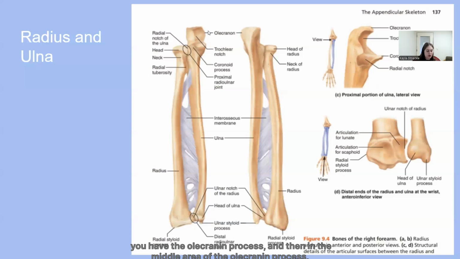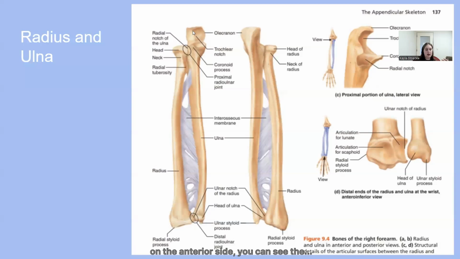And so in the middle area of the olecranon process, on the anterior side, sorry, yes, this is the anterior side, you can see in the middle you have the trochlear notch, and this is because it's going to attach to the trochlea to create the hinge joint, so that you can move your forearm at the elbow. And then you have another styloid process.